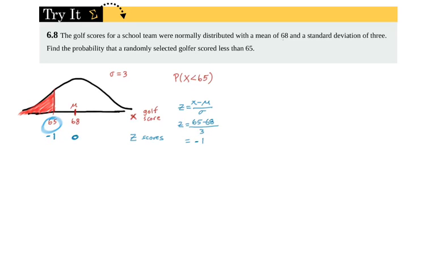So 65 corresponds to the same value as z-score of -1. So I always think of our x-axis here in terms of two units, the original units that we're talking about, and then also in terms of z-scores. And if you're able to think of that in both ways, it's going to be very helpful later on. So the probability that z-score is less than -1.